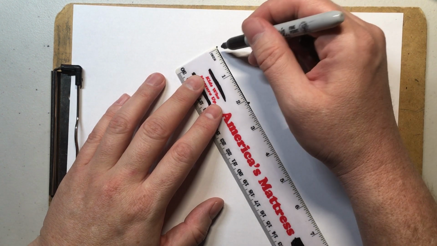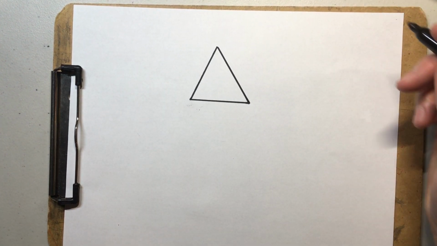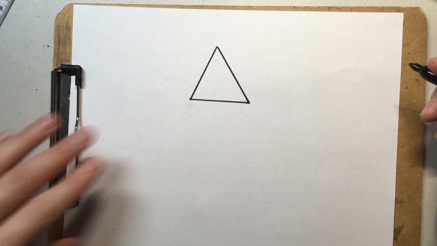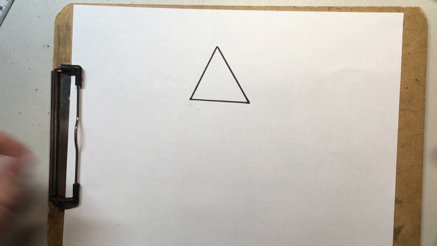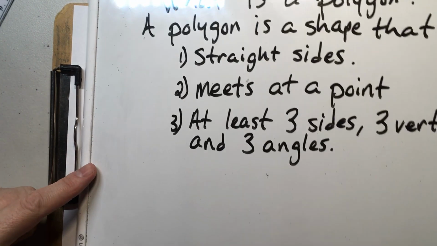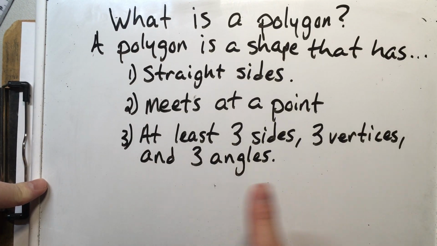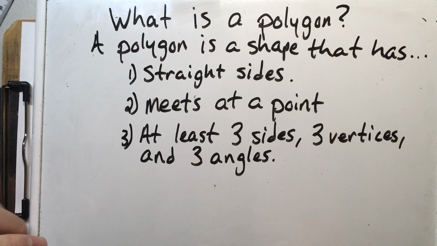It's called a regular triangle. And this isn't exact, but that's okay. You get the idea. It's not perfect. That's fine. Okay. So now, going back to this idea that it has to have at least 3 sides, 3 vertices, and 3 angles. Polygons can have way more than that. Okay, way more than that. But that's just the most basic one.